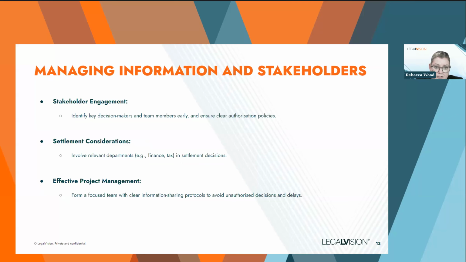But also make sure that you're taking proactive steps to educate the people that you're sharing information with about privilege, what it is, how it's created, but also how it can be waived. So the people who are receiving your communications are aware of what they should be doing, and are not engaging in any conduct that could risk a waiver of privilege.